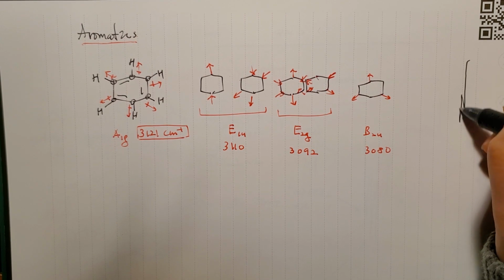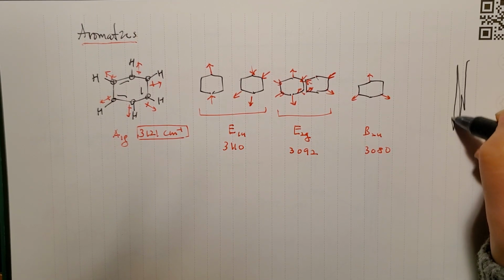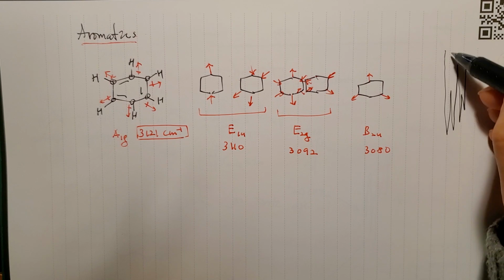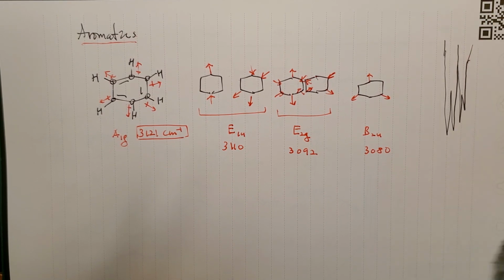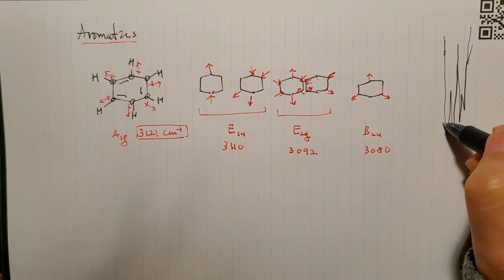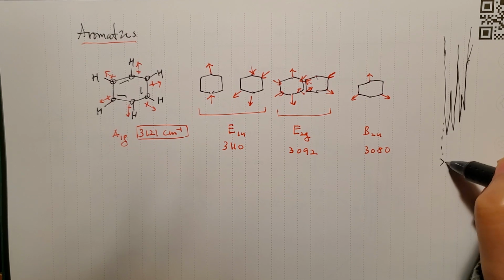You have a couple of signals, and then a couple of signals, symmetric and asymmetric stretchings of sp3, but that's around 3000. So here is the 3000.